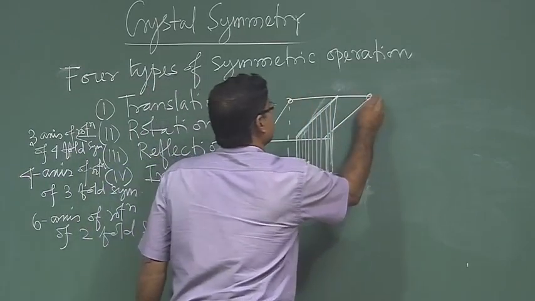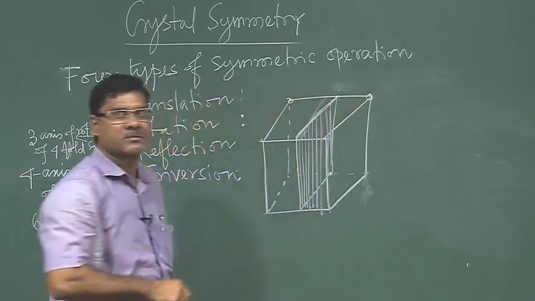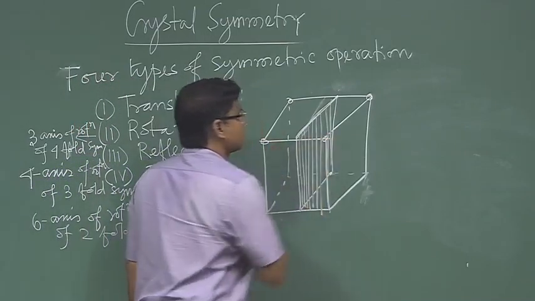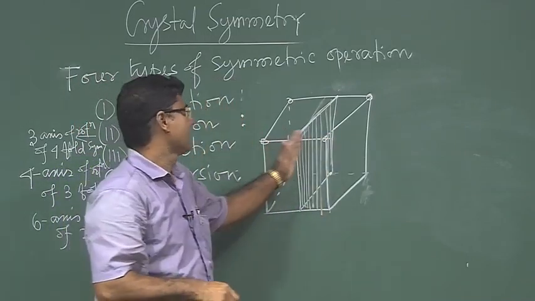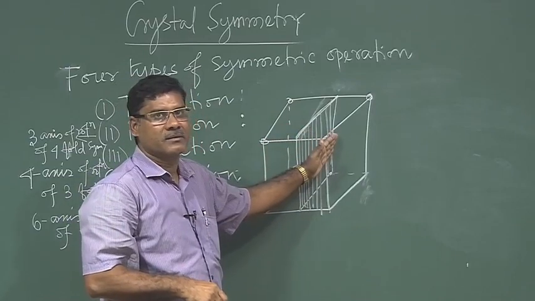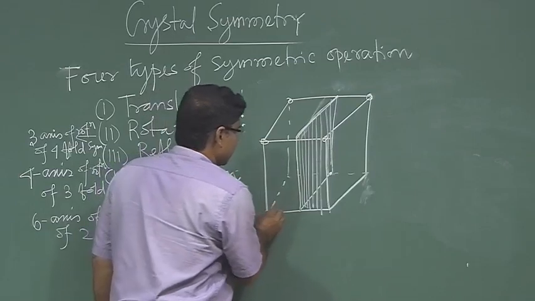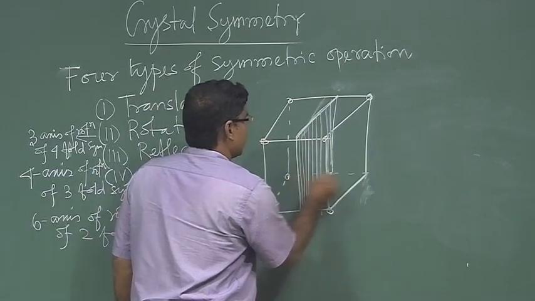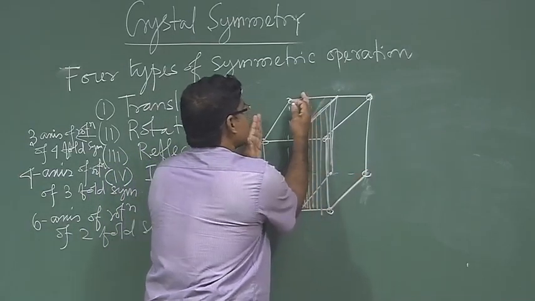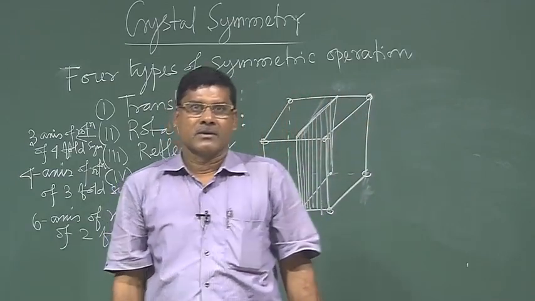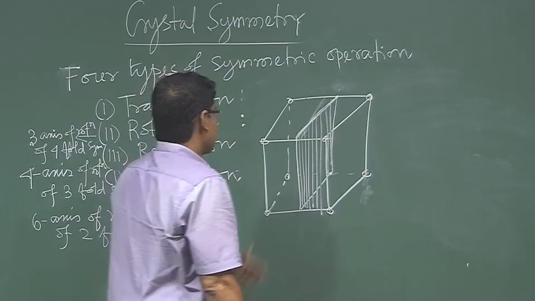This point will correspond to this point, right. This point will correspond to this point, by reflection from this plane. Similarly, you can see this one. So, this half is exactly the same as the other half.